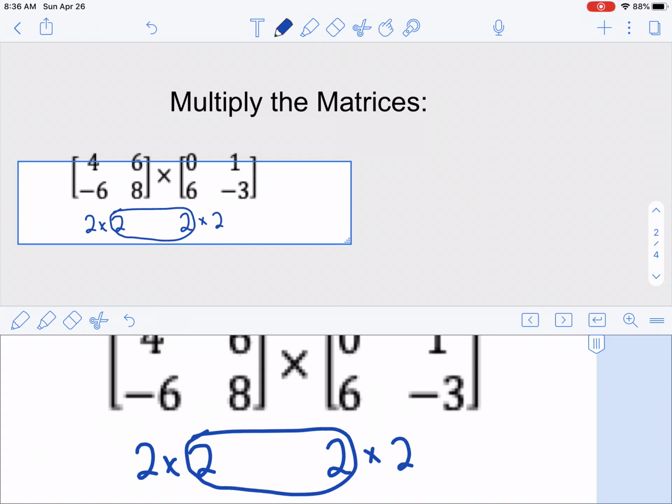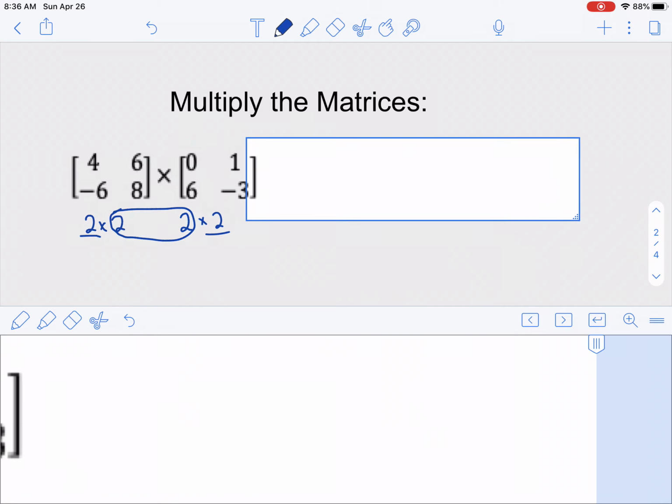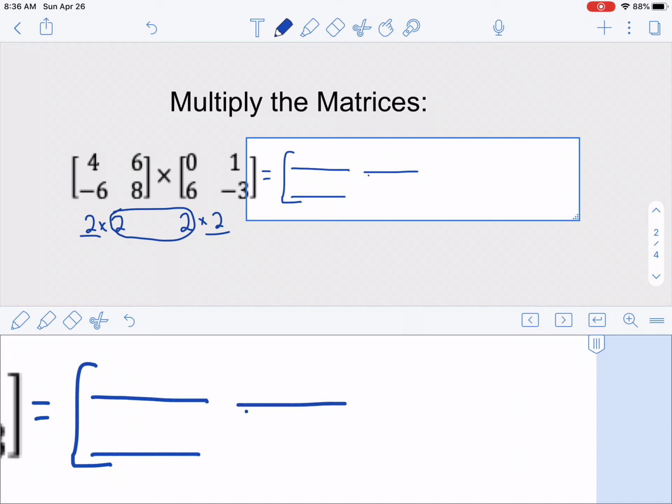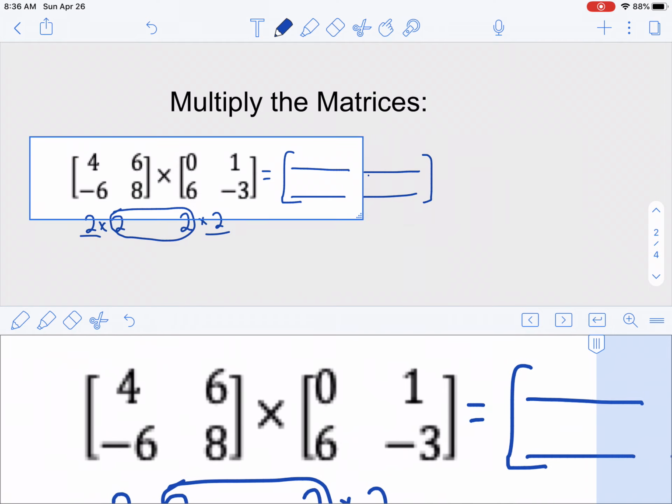These numbers are the same, and so my resulting matrix is going to be a 2 by 2. So I draw in my spaces for a 2 by 2 matrix. All right, so again, we're looking at rows by columns.